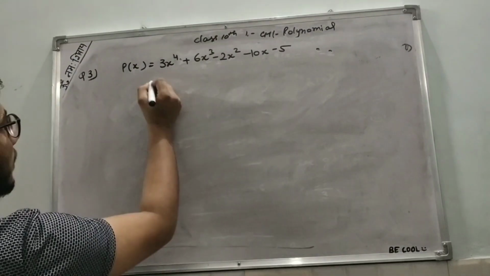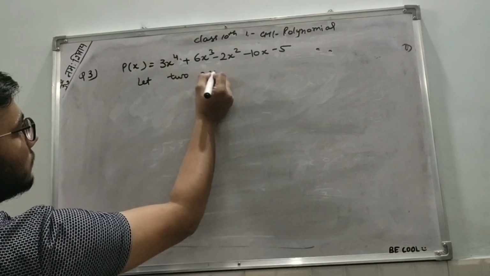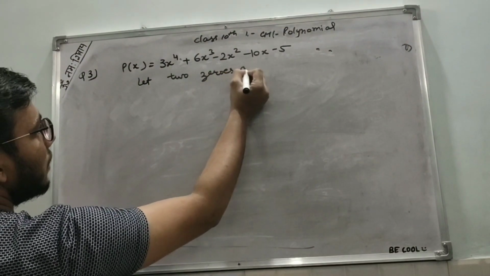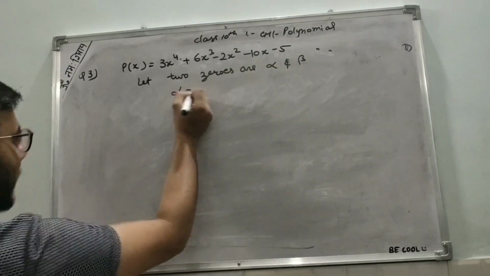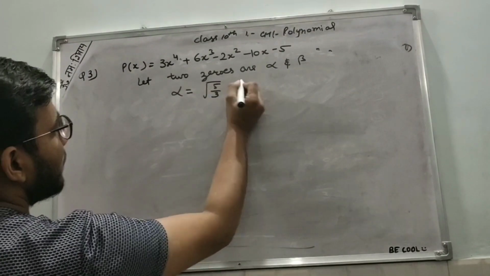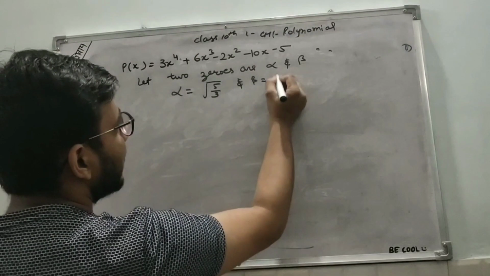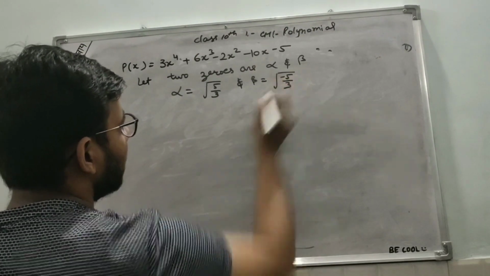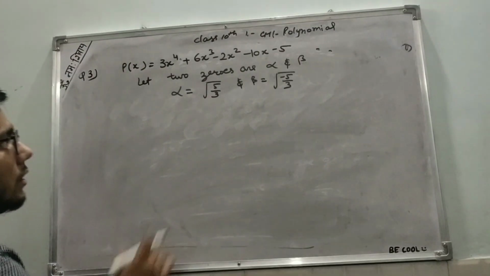which are, let two zeros be alpha and beta, where alpha is equal to square root of 5 by 3 and beta is equal to minus square root of 5 by 3. Now we have to find the other two zeros.